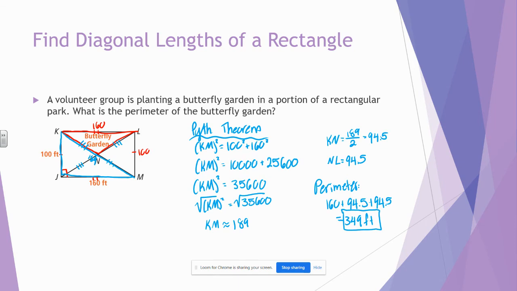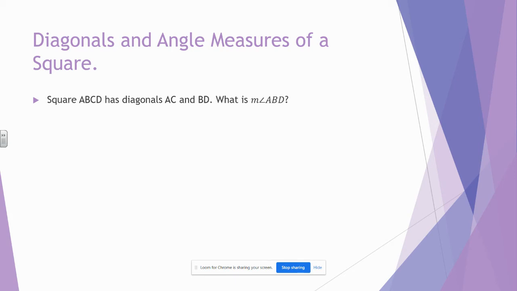So now we know some stuff about rectangles, we know some stuff about rhombuses. Let's talk about squares. I want you guys to give this one a whirl on your own before I walk you through it. So go ahead, pause the video, give this one a try, and press play when you are ready.